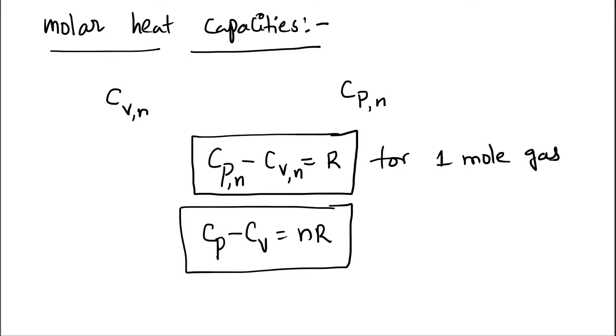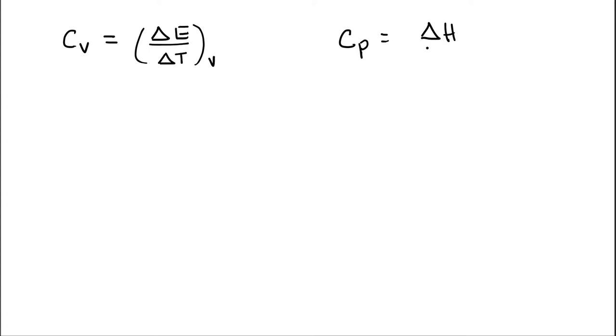Now we have also learned that Cv is actually the change in internal energy with respect to temperature at constant volume, and Cp is the change in enthalpy with respect to temperature at constant pressure.